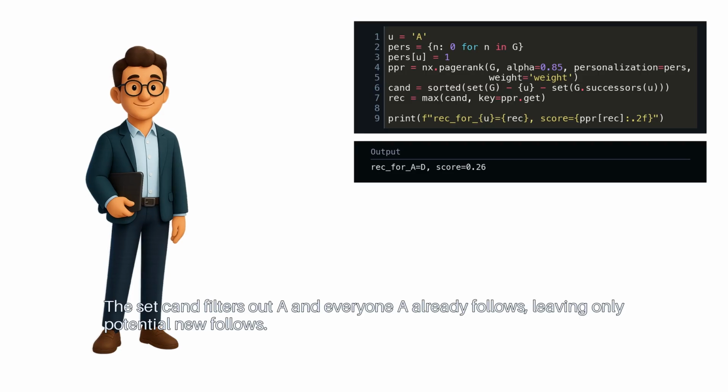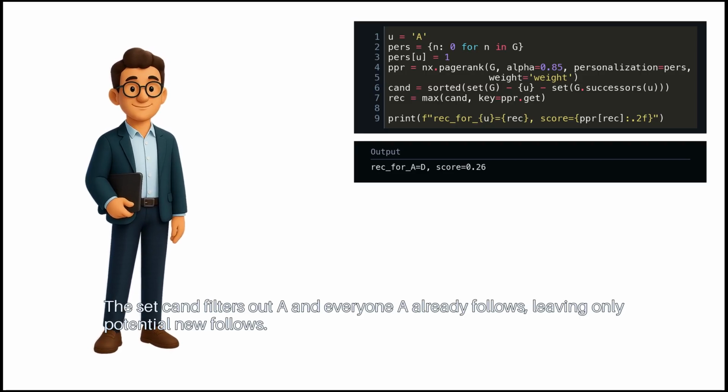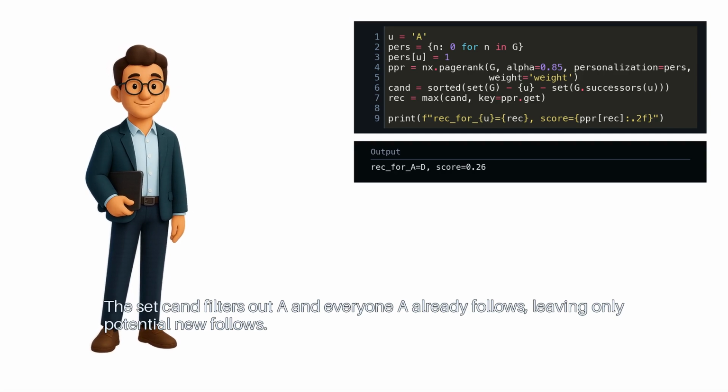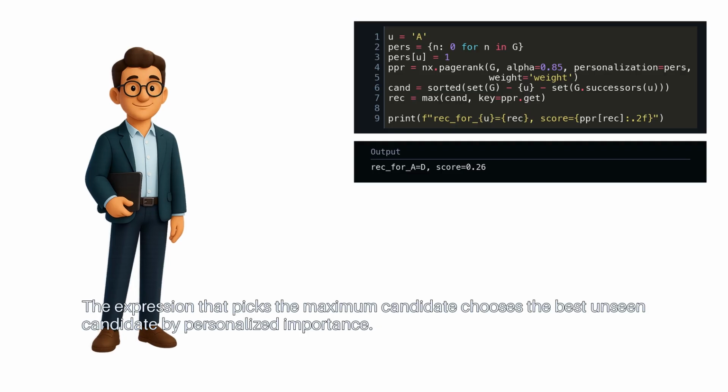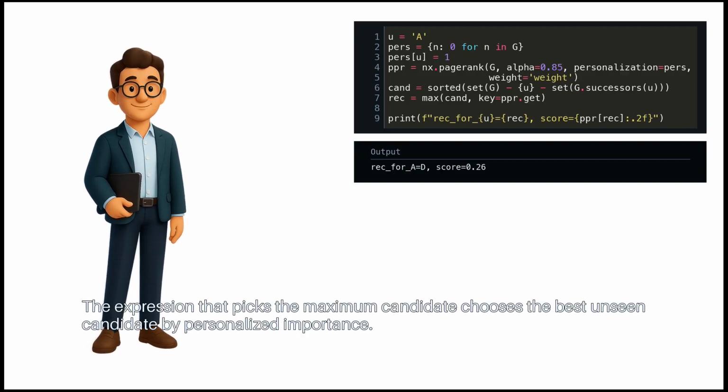The set cand filters out A and everyone A already follows, leaving only potential new follows. The expression that picks the maximum candidate chooses the best unseen candidate by personalized importance.